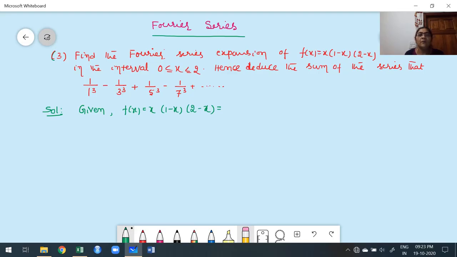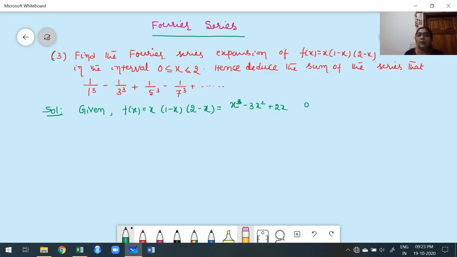First multiply these two: we get 2 minus 2x minus x, which is 2 minus 3x plus x square. Then 2 minus 3x plus x square is multiplied by x. Finally we get x cube minus 3x square plus 2x.